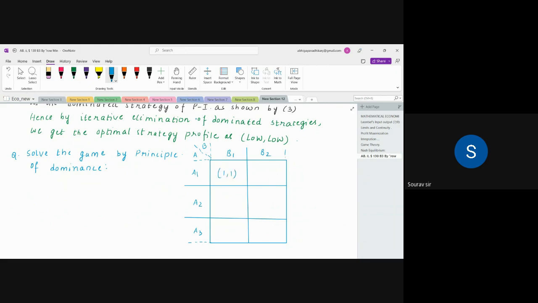So the profiles are 1,1; 0,1; 0,2; 1,0; 0,-1; and 0,0.